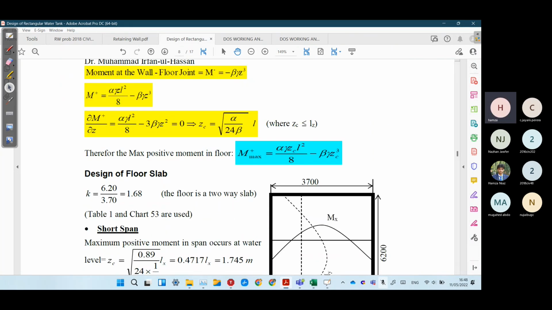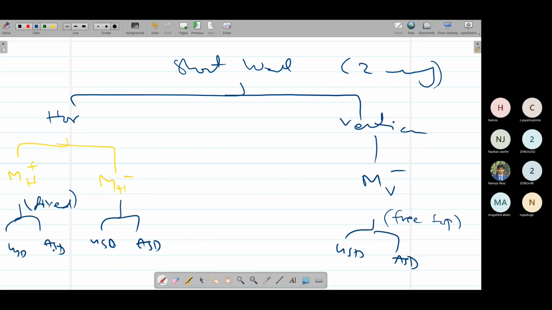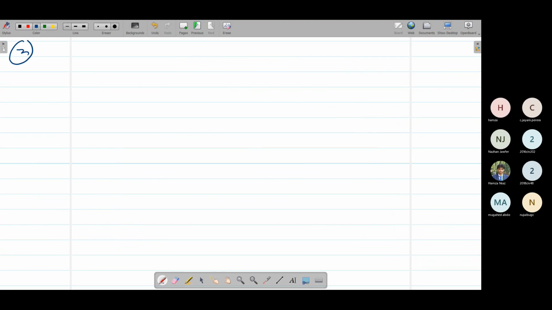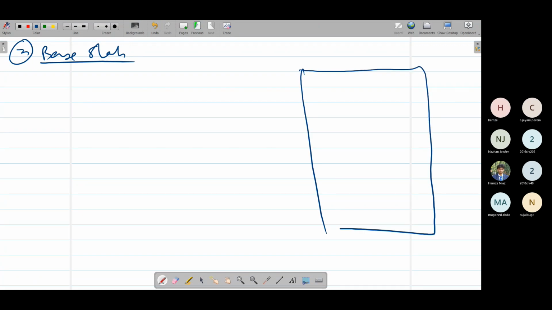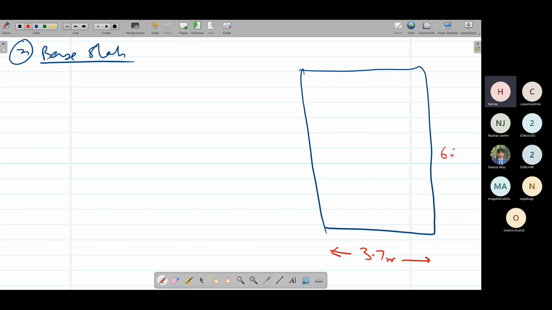So afterwards, the last thing is the base slab. Now we know that the base slab is 3.7 meters horizontally in the x direction and 6.2 meters in the y direction.